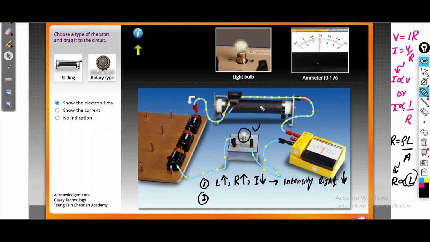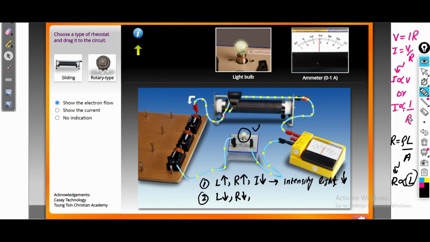The length through which the current is passing is decreased. The extra length is only this length of the wire, so in this case this length is less. If the length of the wire through which the current passes is less, then due to this relation the resistance in this wire will be less.